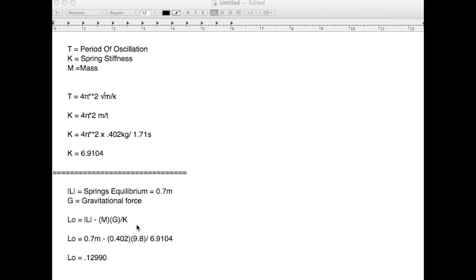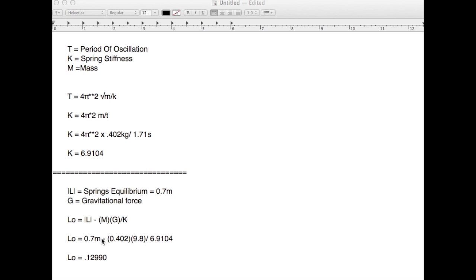Now, the equation to figure out the relaxed length, we're trying to solve for L0, your relaxed length of the spring. The equation is L0, the relaxed length of the spring, is equal to the length of the spring in equilibrium minus the mass of the object times the gravitational force divided by k, the spring stiffness.